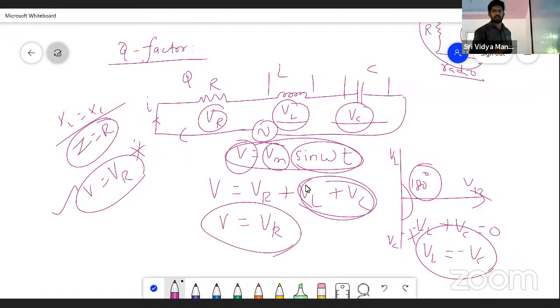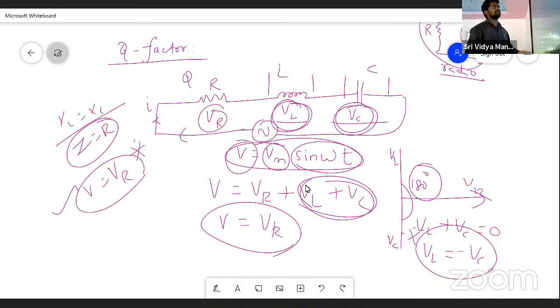At resonance condition, applied voltage is equal to voltage across resistance. So voltage across VL and voltage across VC is much greater compared to applied voltage.